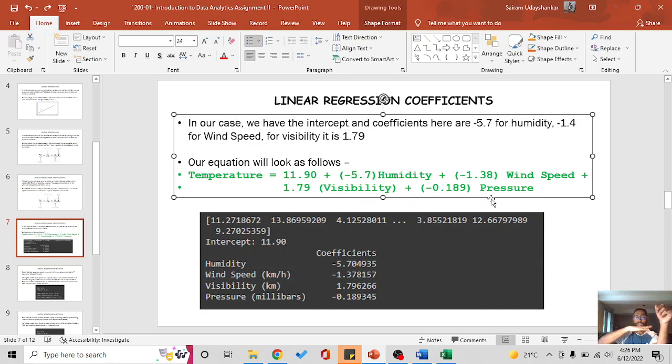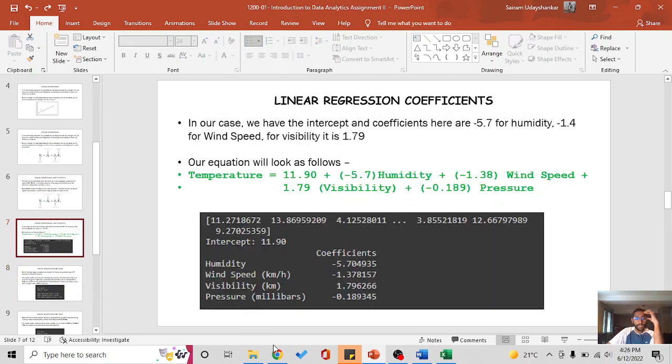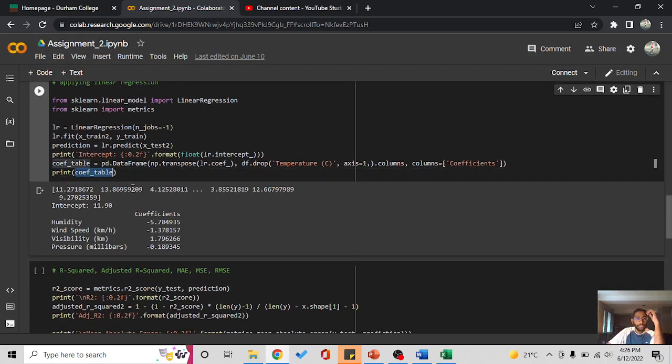It's a flat line, so you can't really predict that the dependent variable is here or there because of this or that. So that's what we did. We printed the coefficients table, and we saw how these coefficients matter.